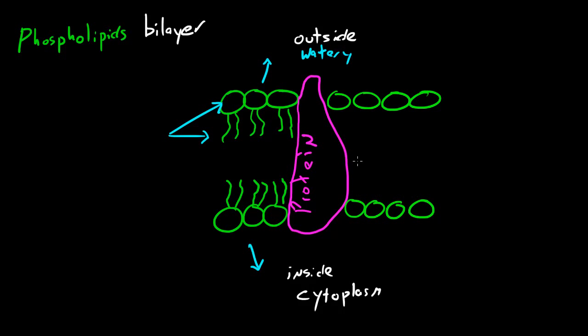You have your proteins embedded in your phospholipid bilayer. So it looks something like this. If we were to take your cell membrane, which is incredibly thin, and put it under an incredibly powerful microscope, it would have your phospholipids with some random proteins embedded inside.